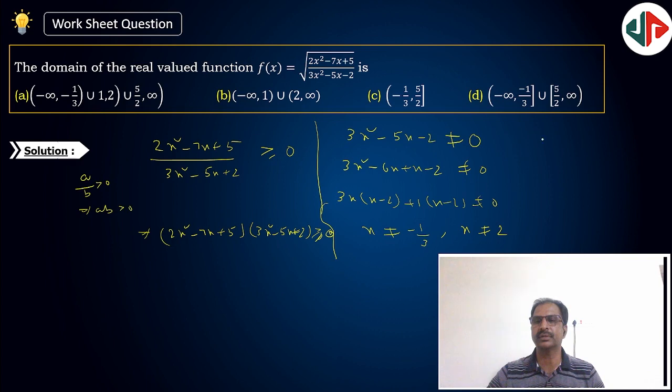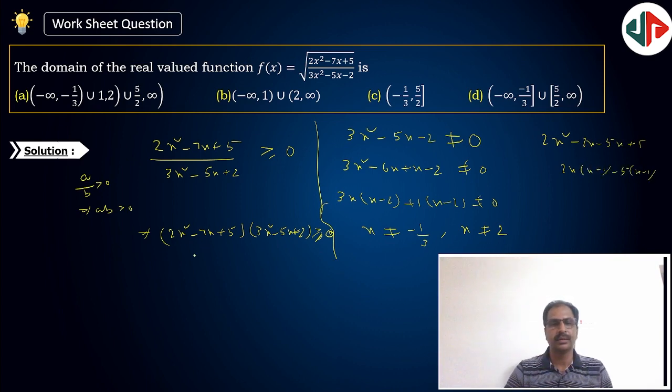Let us write factors for that. x into x minus 1 minus 5 into x minus 1. So this is 2x minus 5 into x minus 1. And for this the factors are 3x plus 1 into x minus 2. This should be greater than or equal to 0.